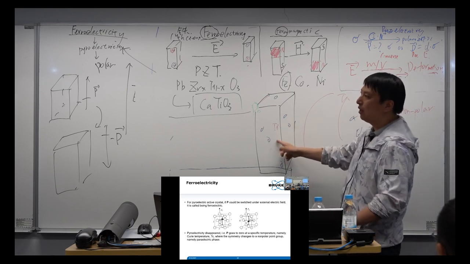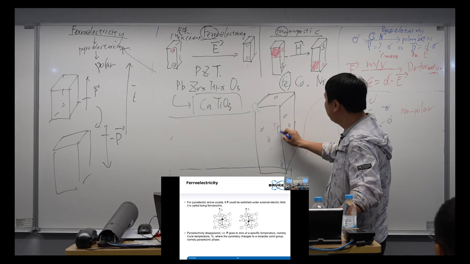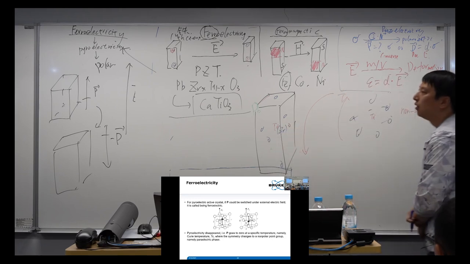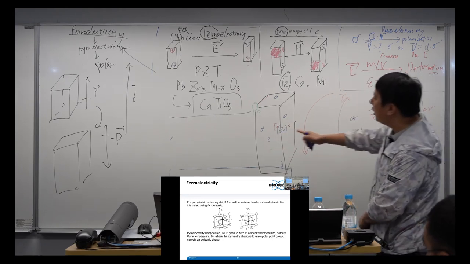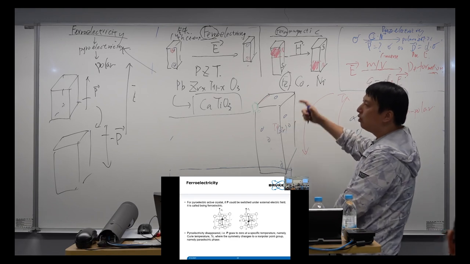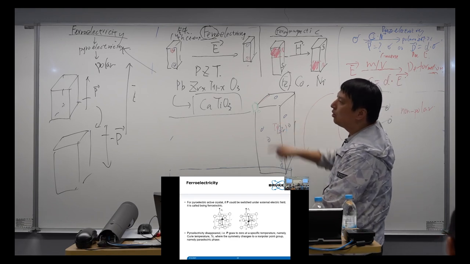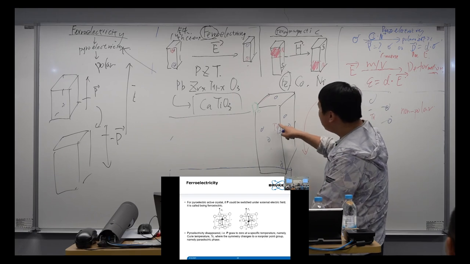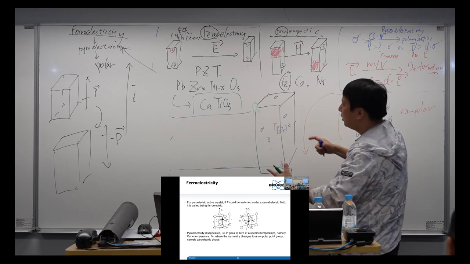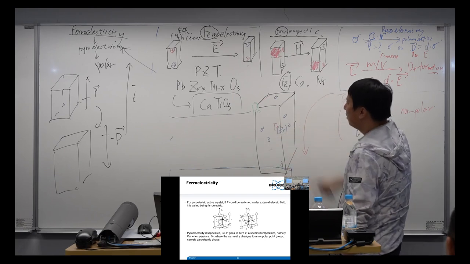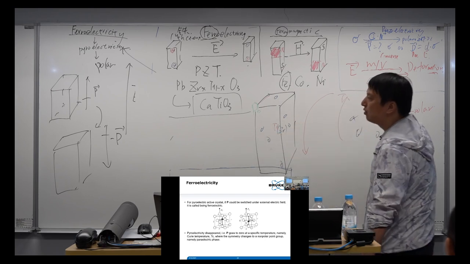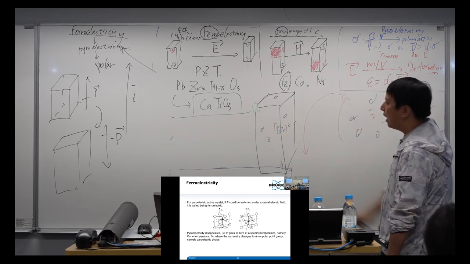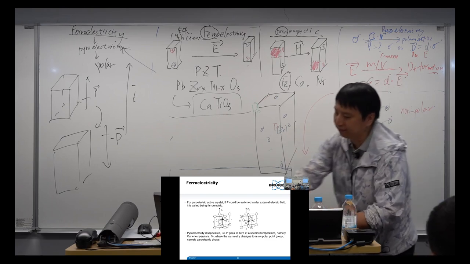And I dope some of the titaniums with another atom. And then I change the shape, I change the radius of the center atoms. Some of the atoms are so large, they cannot be surrounded by these oxygens, so it's squeezed up or down.